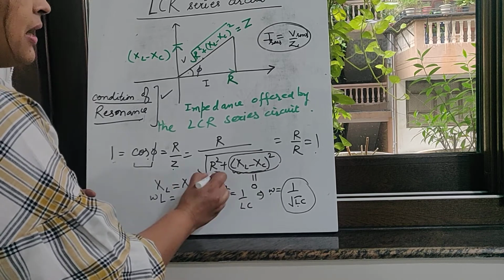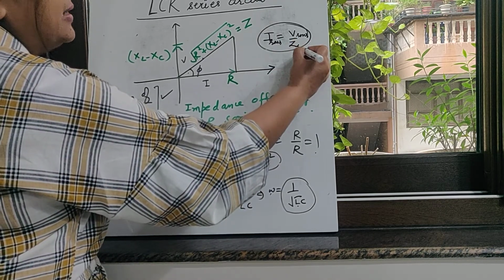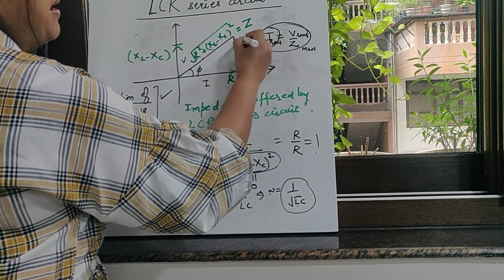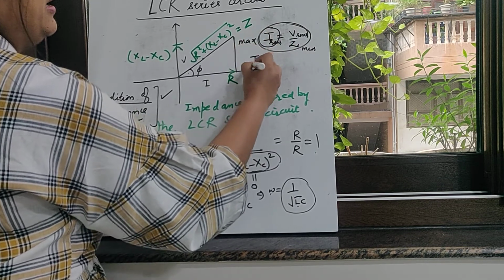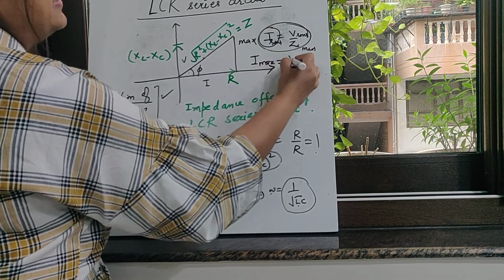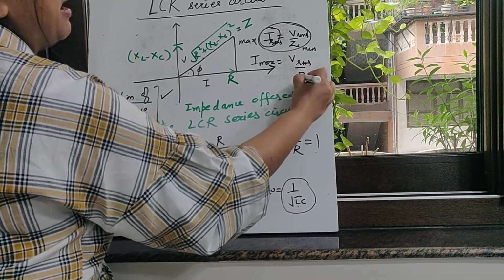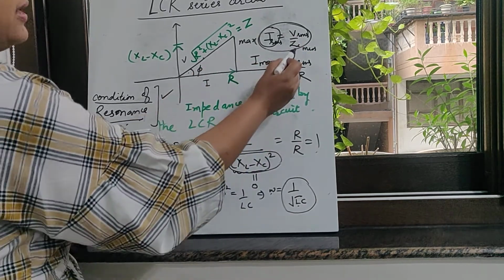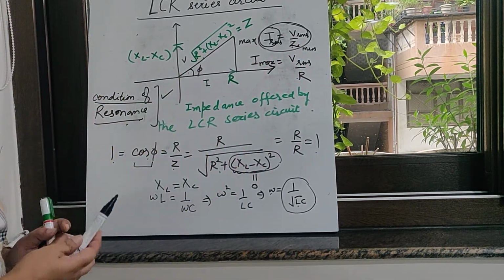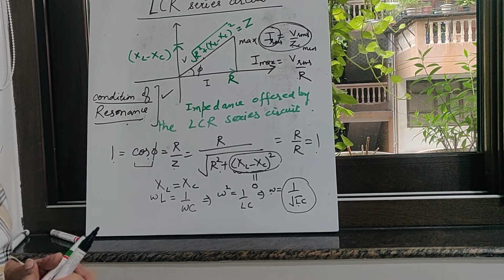So impedance becomes minimum, and if this is minimum, the current is maximum. So the current becomes maximum, and it is equal to V RMS divided by R only, because at resonance Z is equal to R.